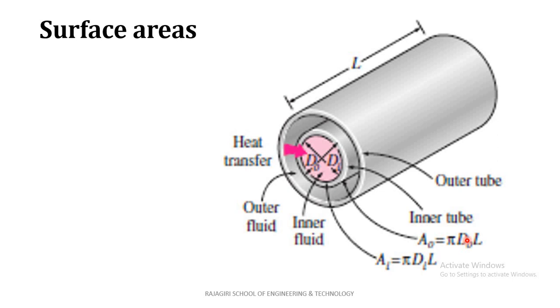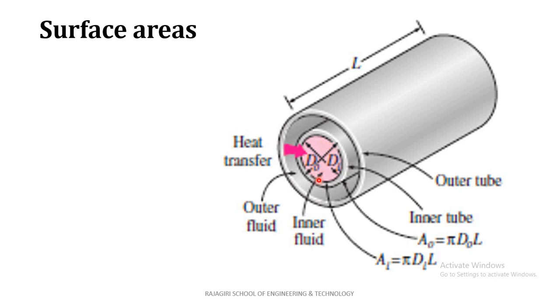If we take a tube-in-tube heat exchanger, you can see there are two surface areas. One is the outer surface area of the inner tube, and the other is the inner surface area of the inner tube.